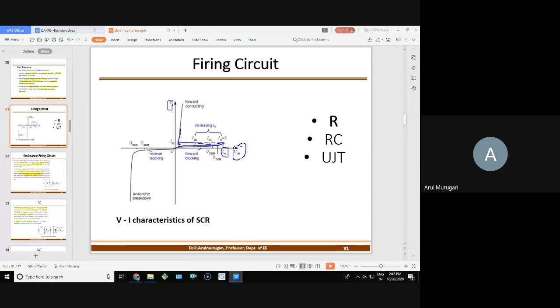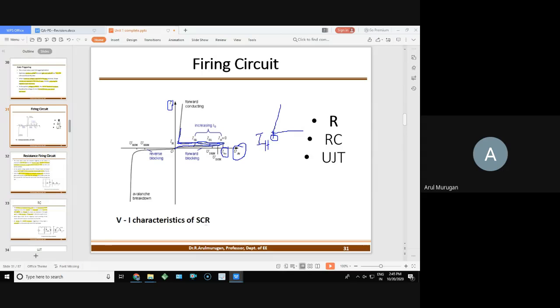Below this value, if I draw the curve, this is a point. Below this point is called the holding current.